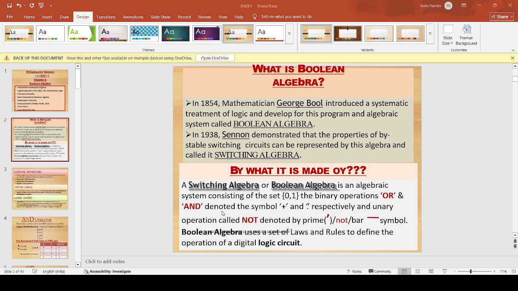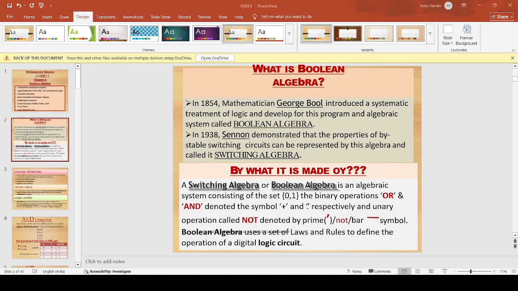Since we know from the properties of 0 and 1 that 1 plus y is equal to 1, x plus xy becomes x into 1 plus y, which becomes x into 1. So x into 1 is x. Hence it is proved that x into x plus y is equal to x.